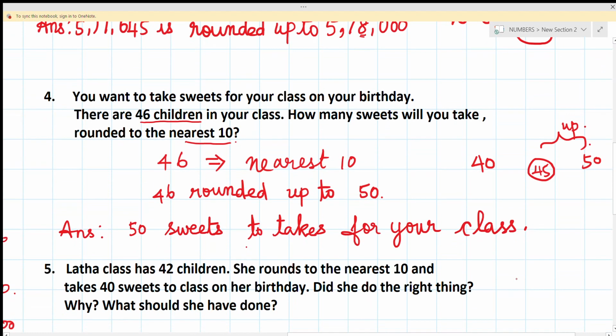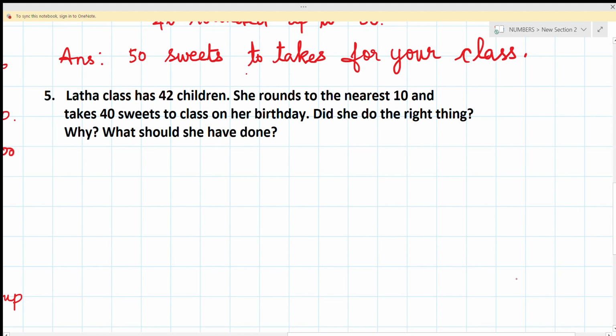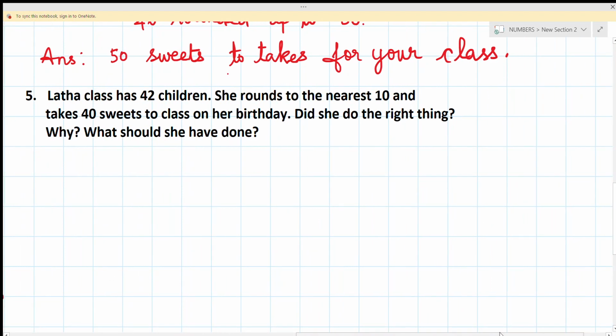Now we'll move to the next question. Lata's class has 42 children. So there are 42 children in Lata's class. She rounds to the nearest 10 and takes 40 sweets to class on her birthday.